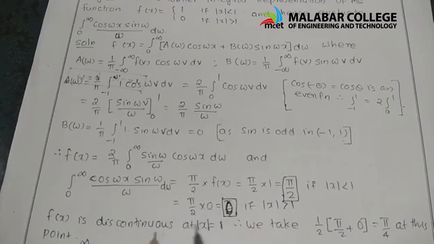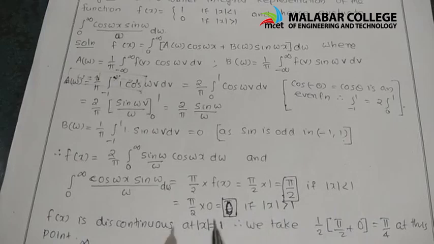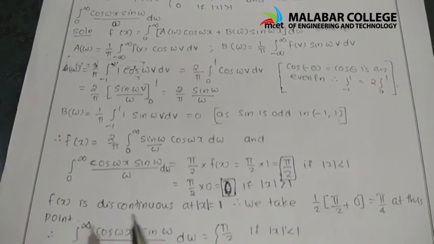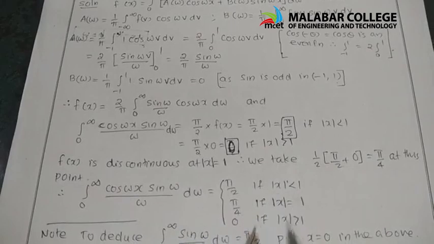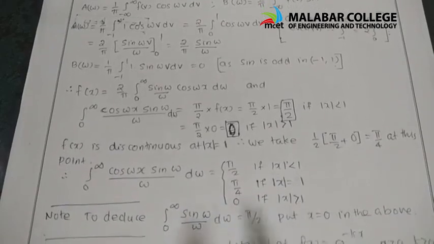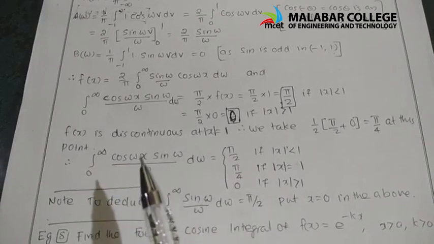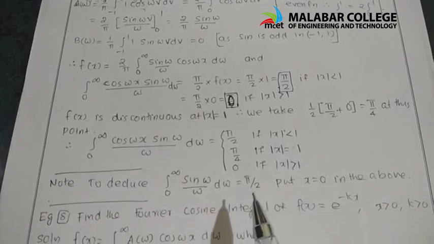There is a point of discontinuity at mod x equal to 1, so we take the average, pi by 2 plus 0 by 2, which is pi by 4 at this point. So we get three values: pi by 2 for mod x less than 1, pi by 4 for mod x equal to 1, and 0 for mod x greater than 1. In this result, if we put x equal to 0, we will get the integral of sin omega by omega d omega equal to pi by 2.